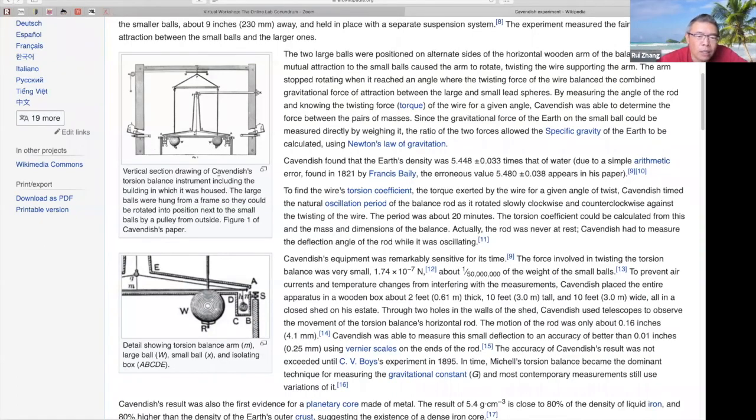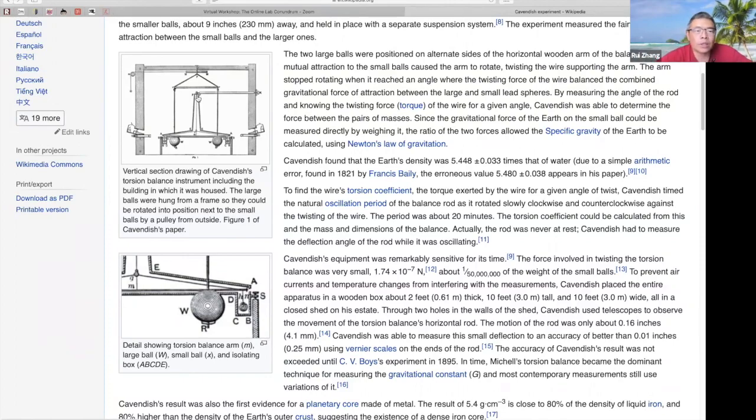Certainly this attraction is going to be so tiny, because the attraction, as we explained, is very tiny. But although it's tiny, because the string is really thin, it makes a torsion on the string, so the string will be twisted a tiny bit, okay?